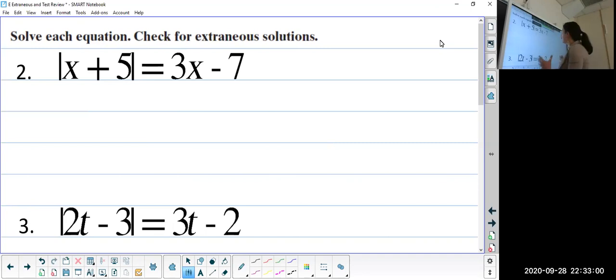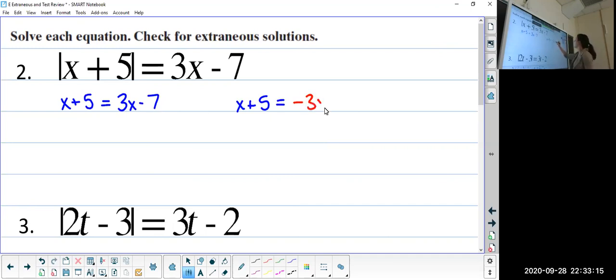I'm going to rewrite this as x plus 5, and then separate into the positive and the negative version. So negative 3x plus 7. When you change the sign, you have to remember to change every single sign in there.